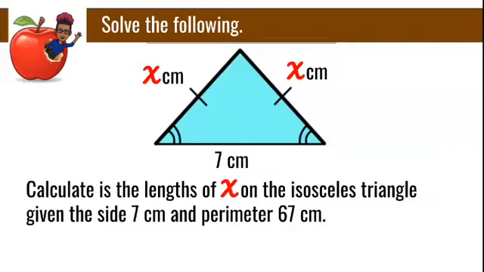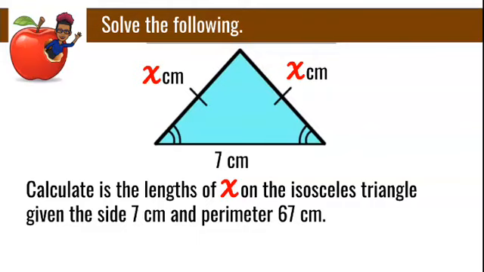Now let's practice. Let's calculate the length of x on the isosceles triangle given the side 7 centimeters and perimeter 67 centimeters. So again, we are given the length of one side, which is 7 centimeters, and we have to find the length of those two sides that are of the same length, right?